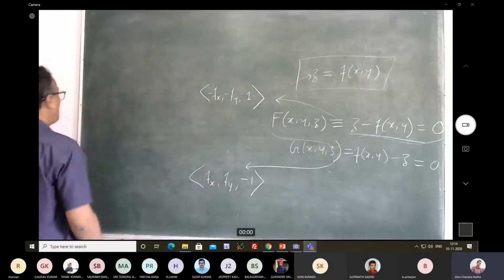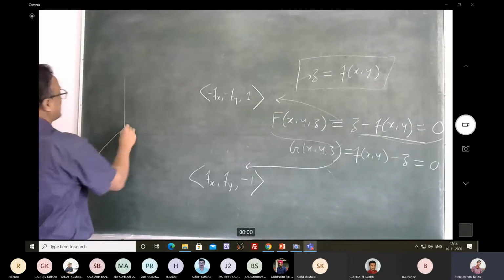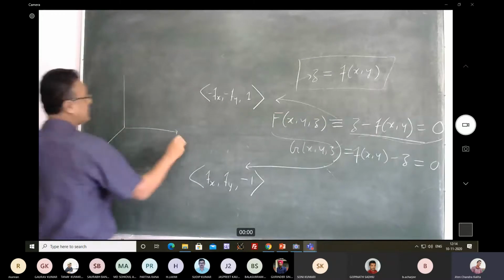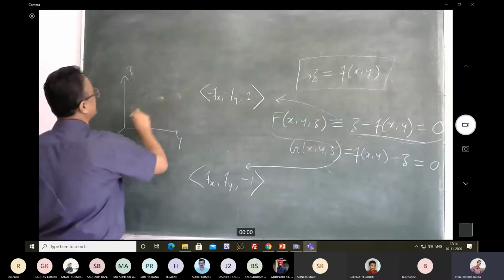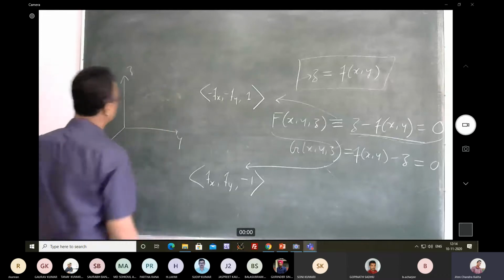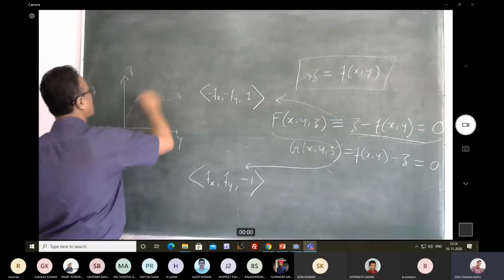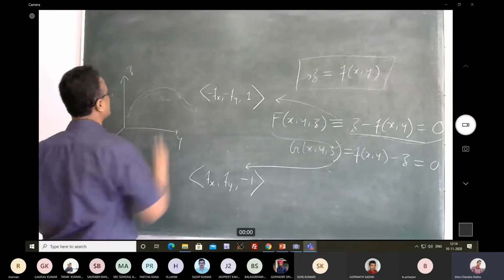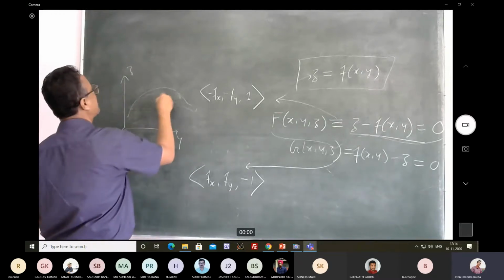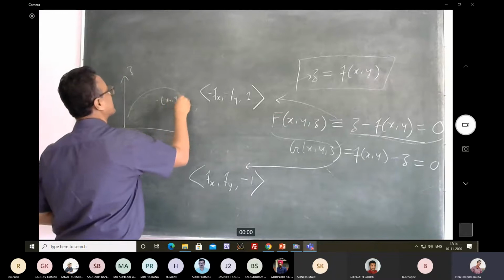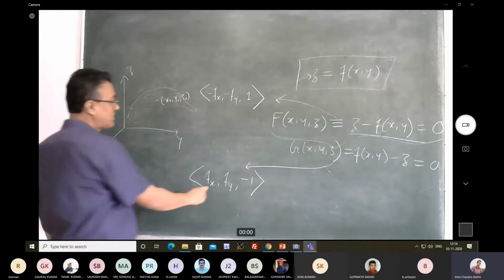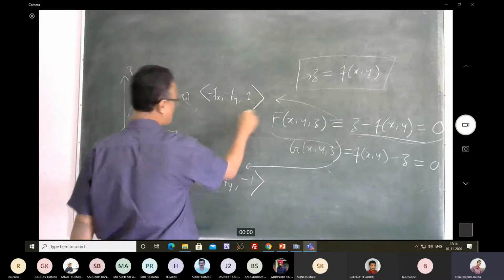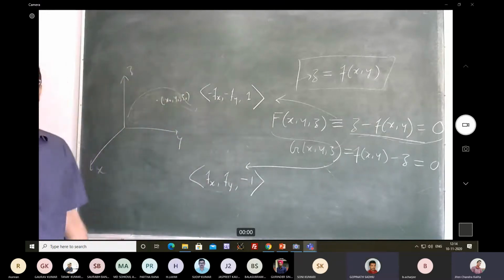See, what is happening here? I have x, y, z, and basically I have a surface. Suppose this is some kind of surface, and suppose I am taking this point x0, y0, z0. Now, can you tell me the difference between these two?